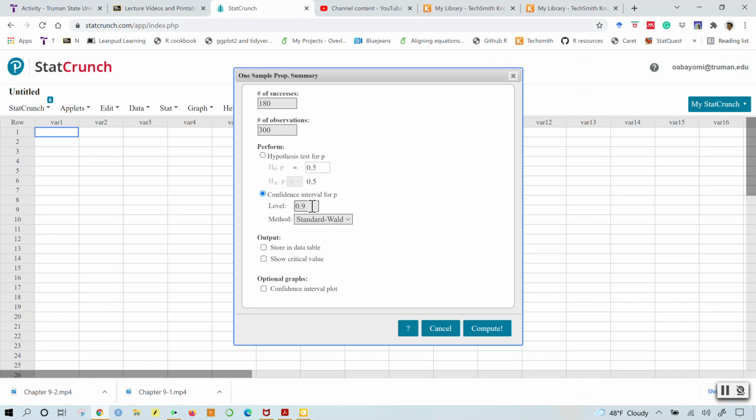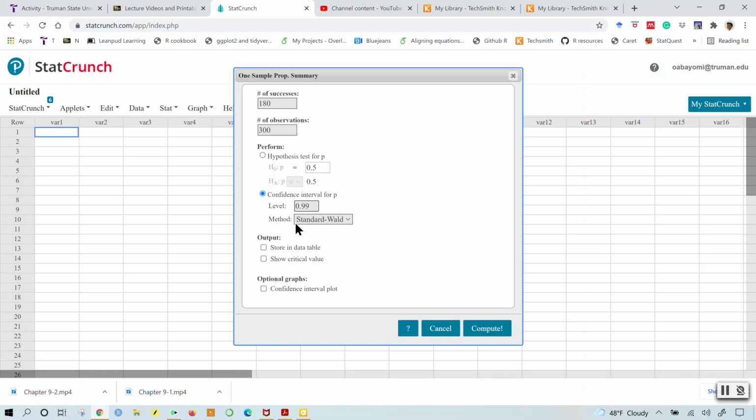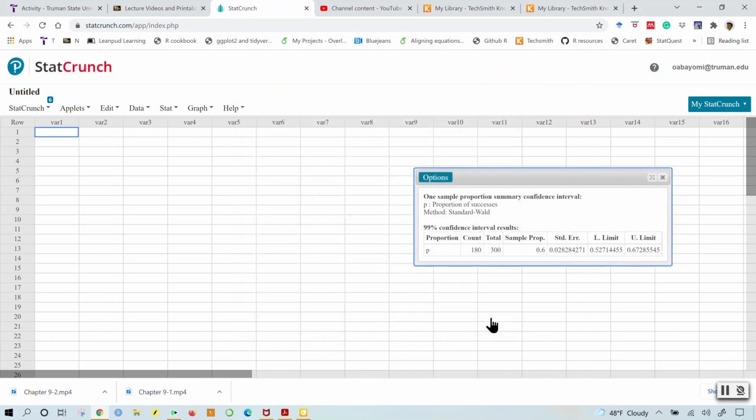What level? I want 0.99, because the question said 99% confidence interval. The next thing is, I want the standard Wald method. Then click on compute, and you have the lower limit, the upper limit, the standard error, and the sample proportion.